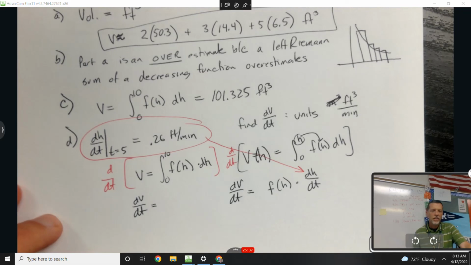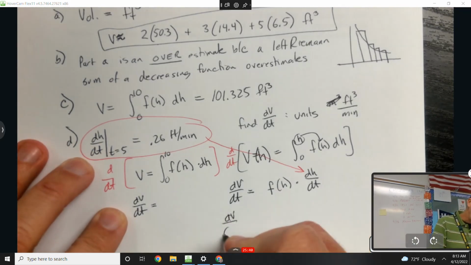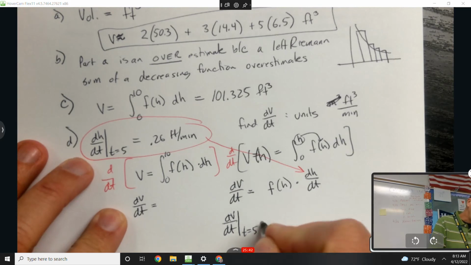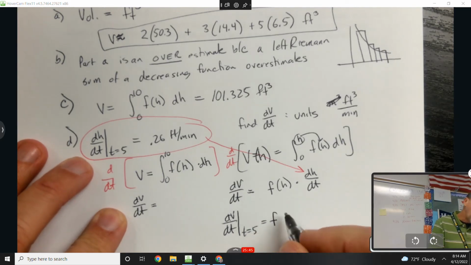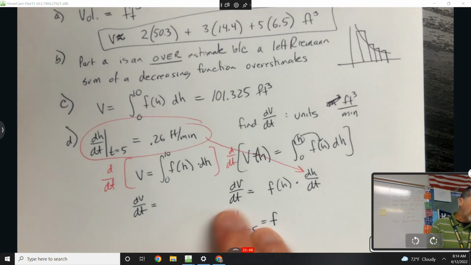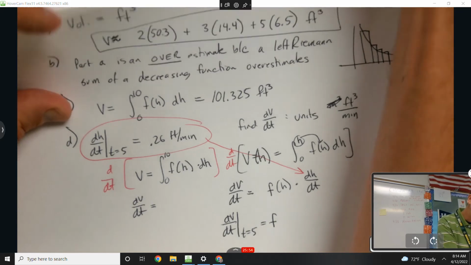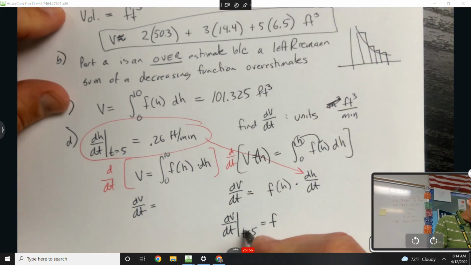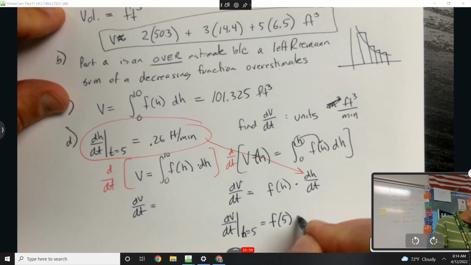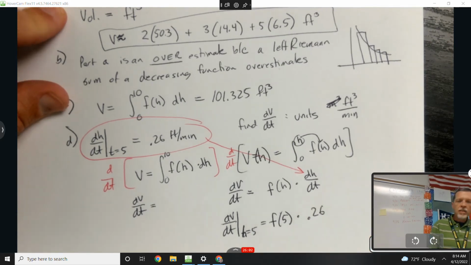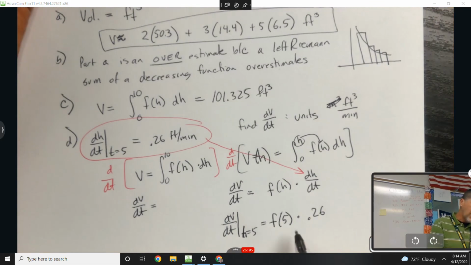So dV/dt would be f of, I need to know the h at 5. Wait, it's not when t equals 5, it's when h is 5, which is good, because that's the variable I need. So I'm almost there. I plugged that into the calculator. In fact, I already had that in the calculator. Multiply by 0.26, and that's my answer in feet cubed per minute.